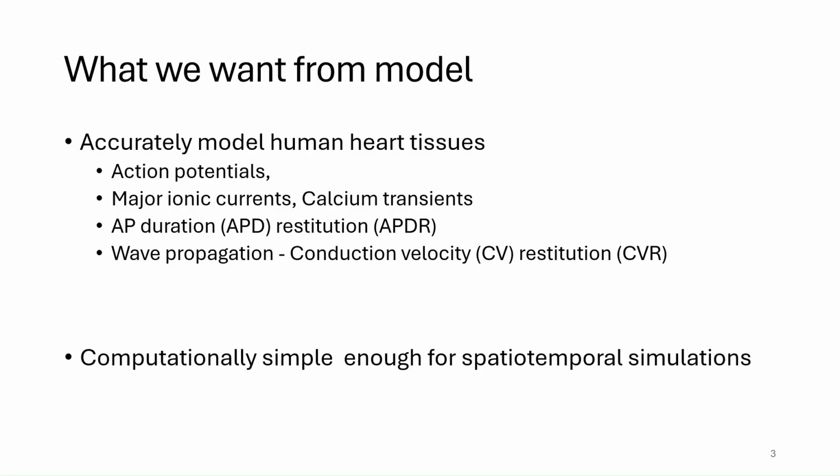At the same time, as we are studying the propagation of signal in the heart, we need a 2D or 3D solver to get how the waves are propagating inside the heart. So the model should be computationally simple enough for spatial temporal simulations. That is what the proposed model in this paper offers.